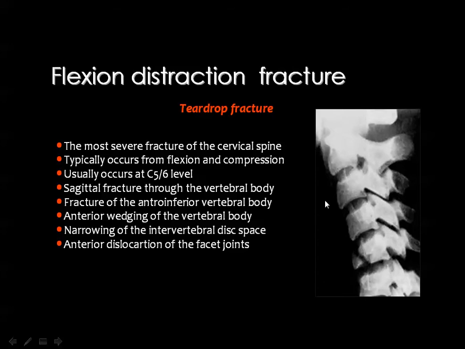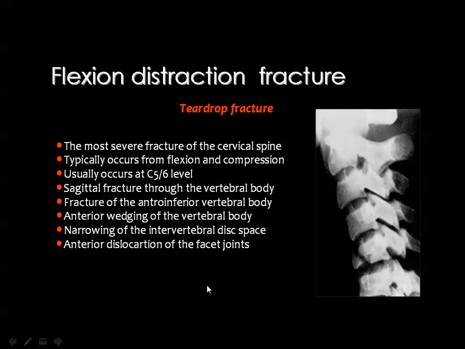This occurs commonly at C5-6 level, and it involves the presence of a sagittal fracture through the vertebral body and the fracture of the anteroinferior aspect of the vertebral body, which is known as the teardrop, and hence the name. There is also anterior wedging of the vertebral body with narrowing of the related disc space.